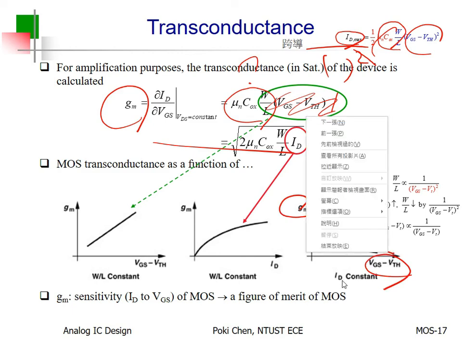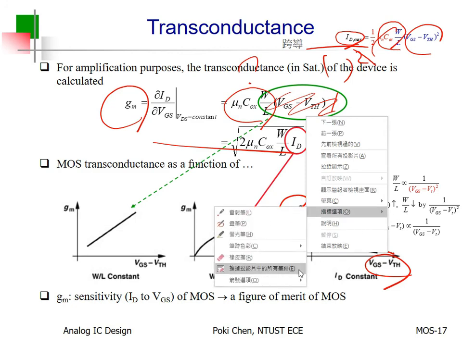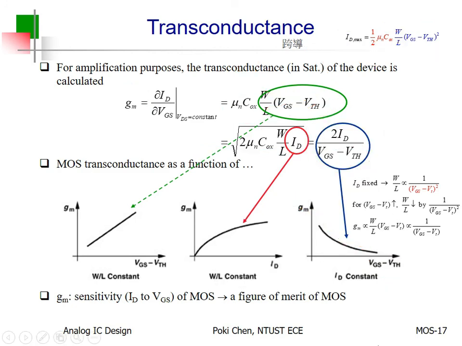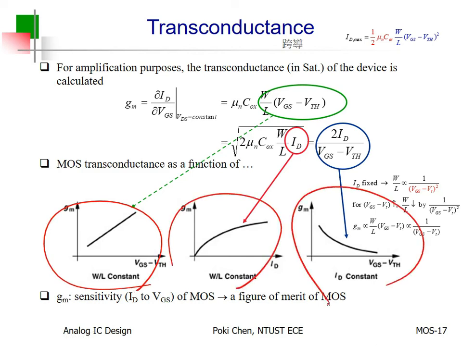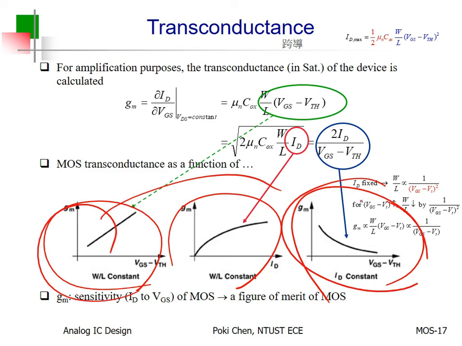Right now we have a big trouble. See? The first, the second, and the third, the transfer curves are totally different. Especially the first and the third. They are talking about the same thing, GM versus overdrive voltage. Gosh, they are totally different.